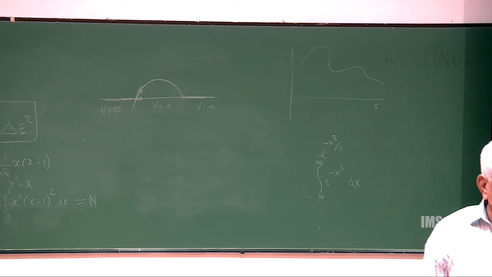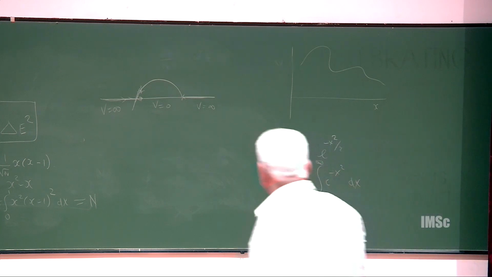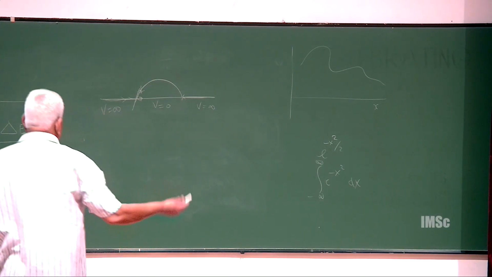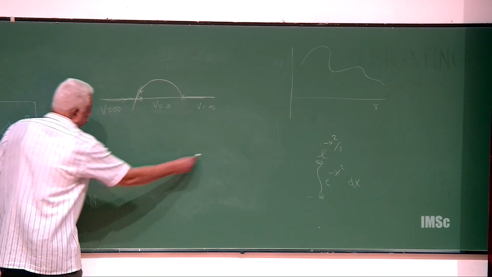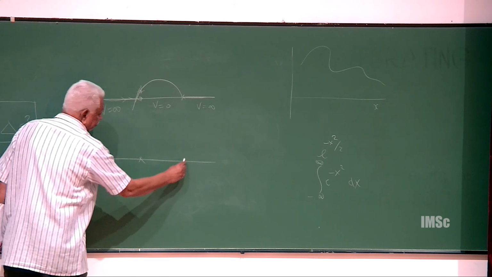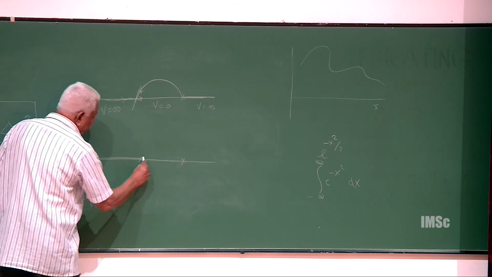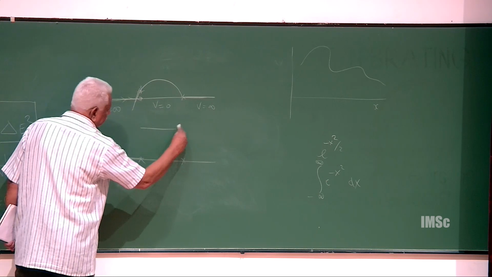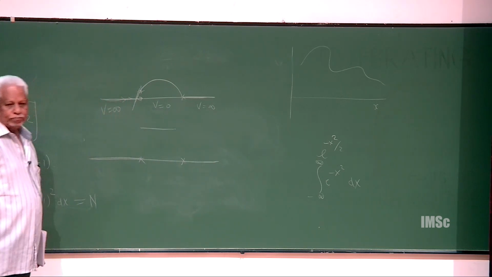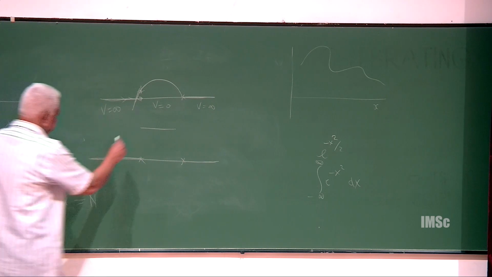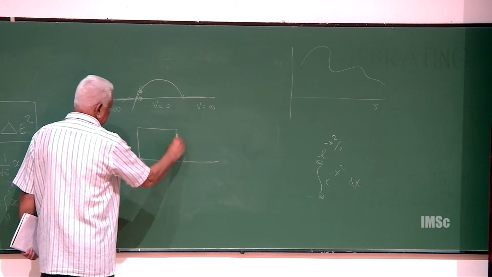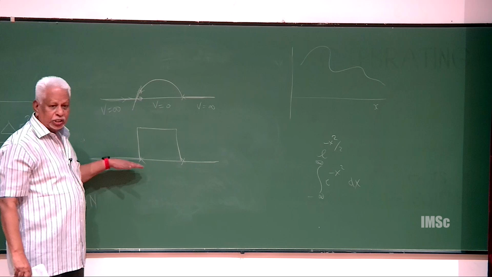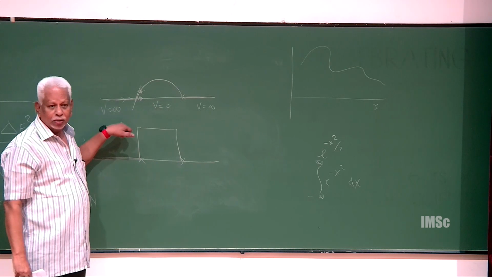A continuous function doesn't jump there, okay? A non-continuous function will be like this. Okay, let me draw for you. Here, a non-continuous function is 0 here and 0 here. Okay, it goes to this value. After reaching this here, it goes to this value.